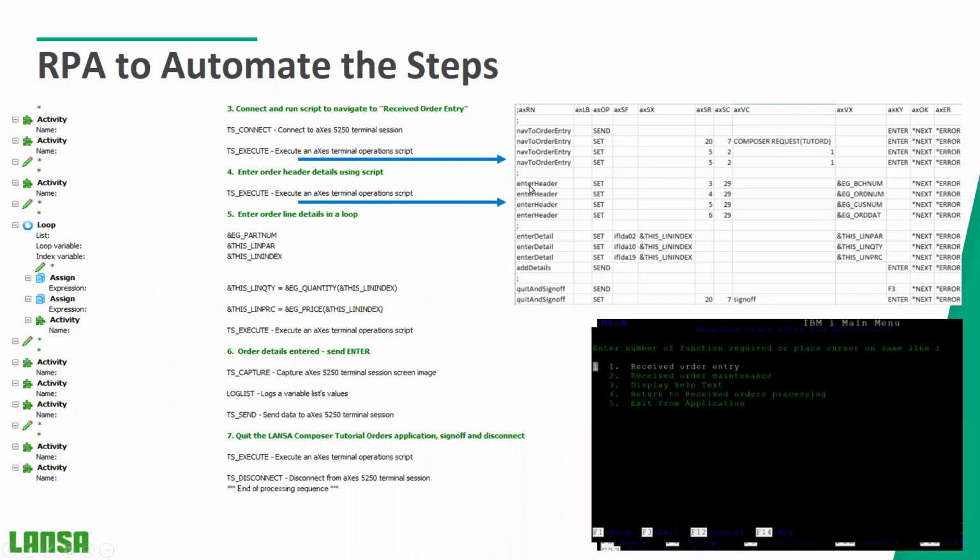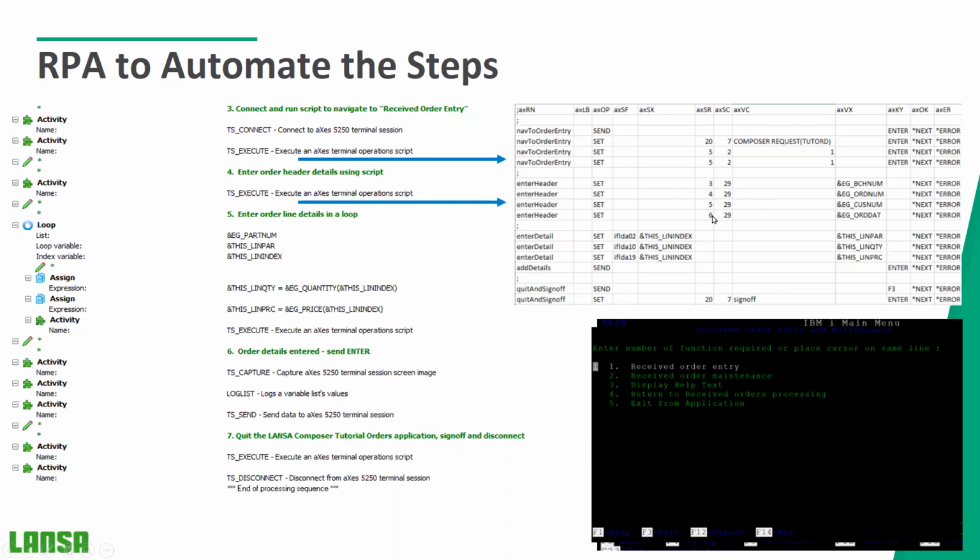Okay, so now I'm telling it to go to the header part of the screen. So we saw on that order entry, there was the header part, and then there was the subfile down below. We've got the order header information with the order number, the batch number, the customer number, the order date. So what we're doing is setting those values.